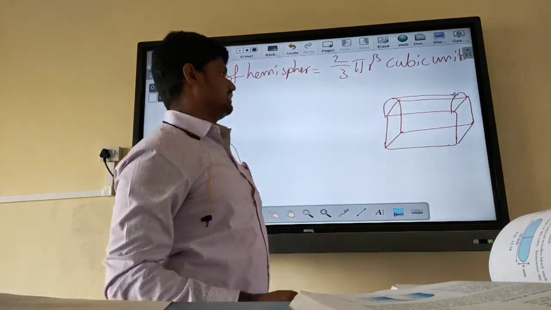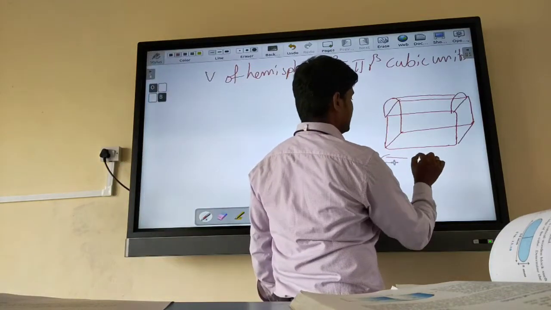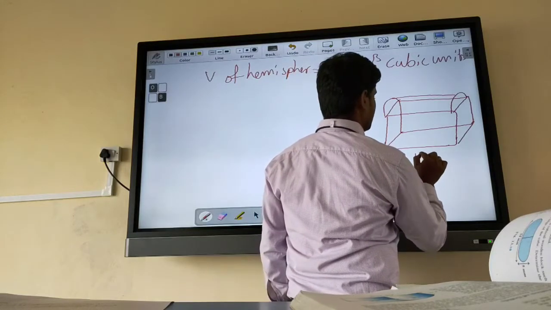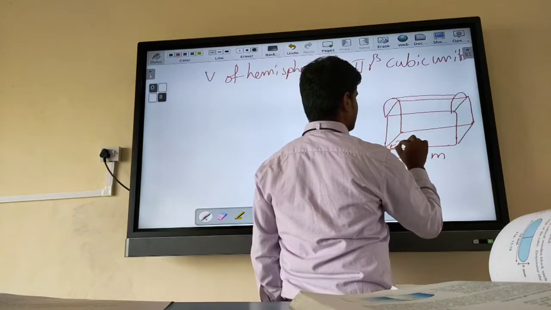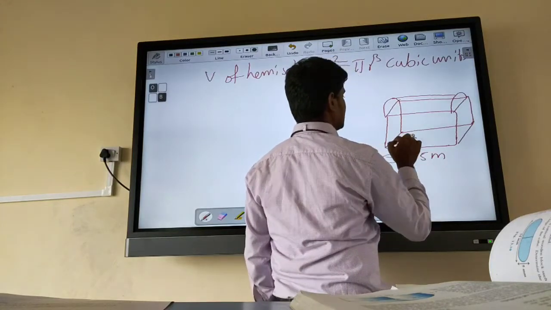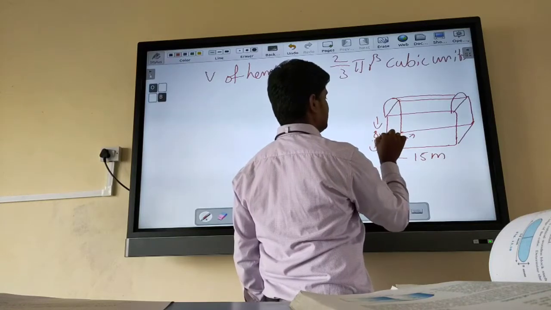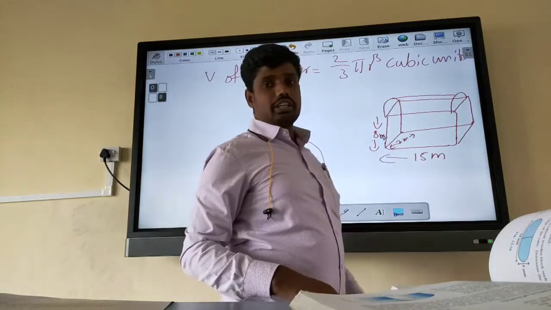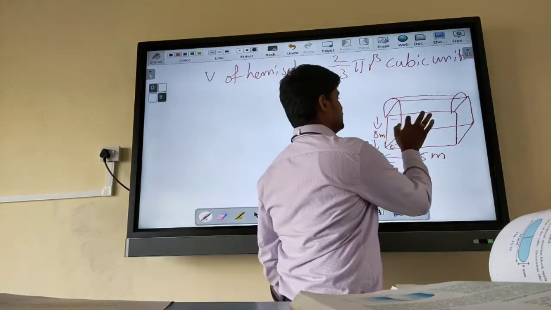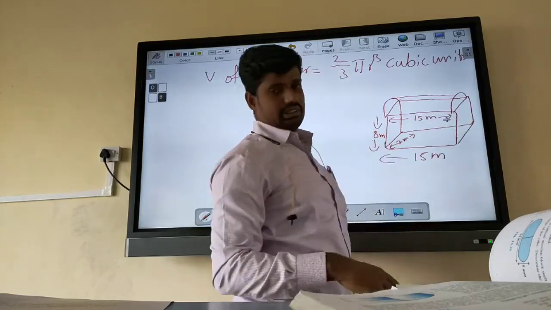Children, already given: the length of the cuboid is 15 meter, the breadth of the cuboid is 7 meter, and the height of the cuboid is 8 meter. The height of the cylinder part is also 15 meter. The height of the cylinder is the same, no, 15 meter, according to the given question.